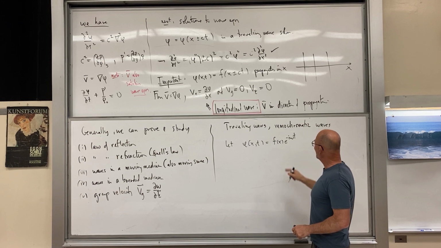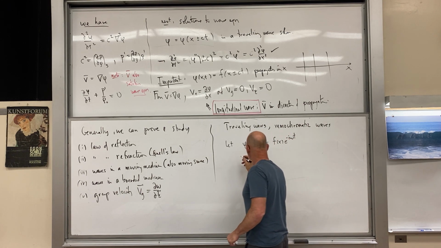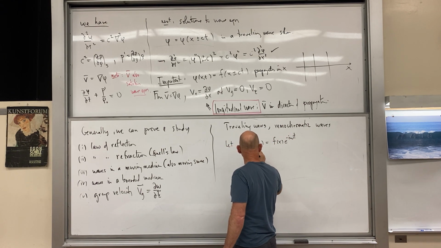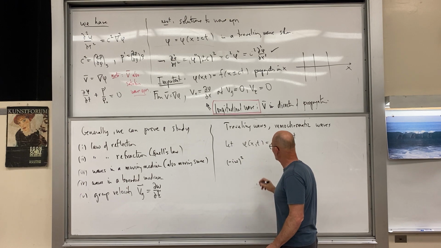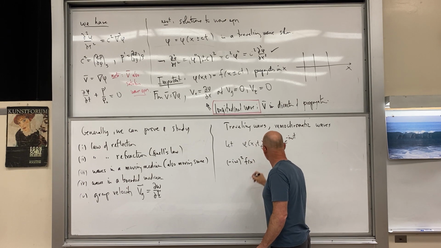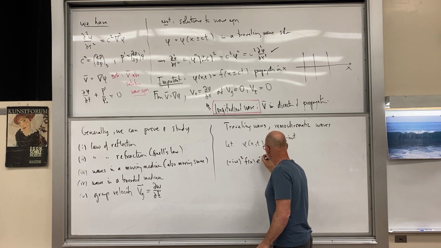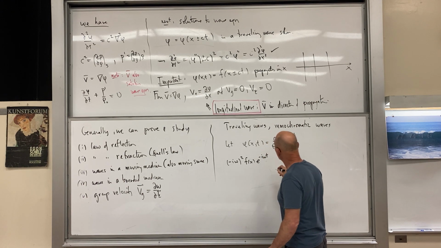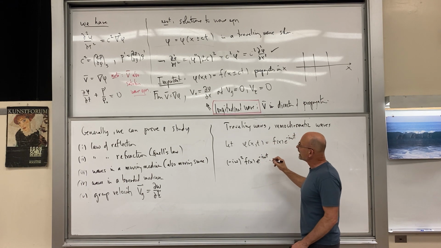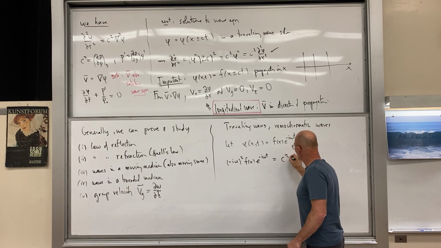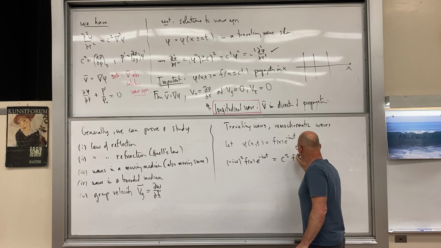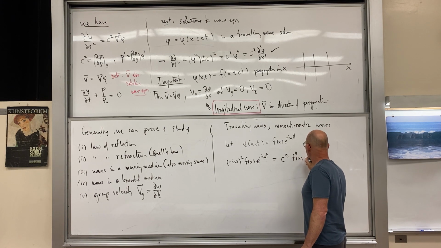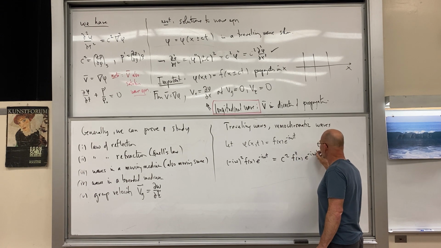So we get two time derivatives giving us minus i omega squared f of x e to the minus i omega t. And then we get c squared and two spatial derivatives, so that just gives us f double prime of x e to the minus i omega t.